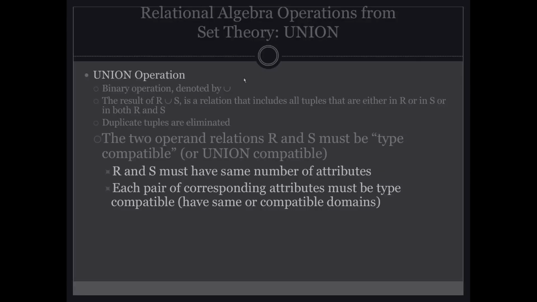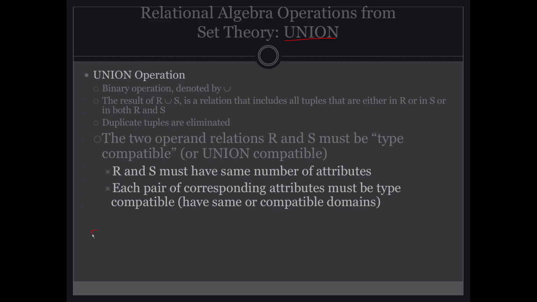Okay, so we now have the operations from set theory, starting with the union. The union, given two sets, gives you a new set formed by taking all the elements of R or all the elements from S and putting them into the same set, removing all of the duplicates, okay?